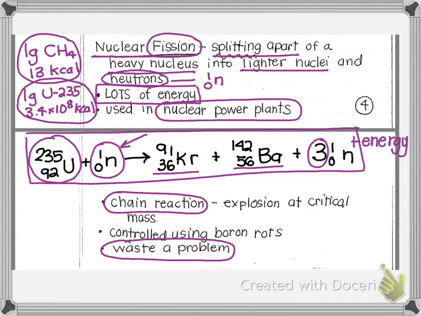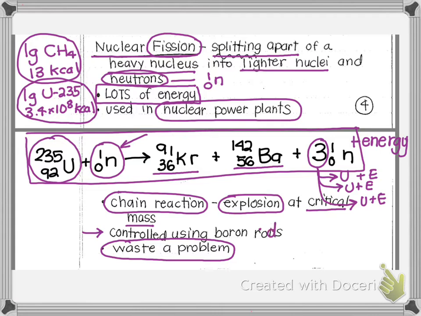So each one of these neutrons could again react with another uranium, and each uranium would produce more energy. And this would continue on. And this chain reaction, if you had a critical mass of uranium, would result in an explosion if not controlled. In a nuclear power plant, they control these reactions with boron rods that absorb the neutrons.